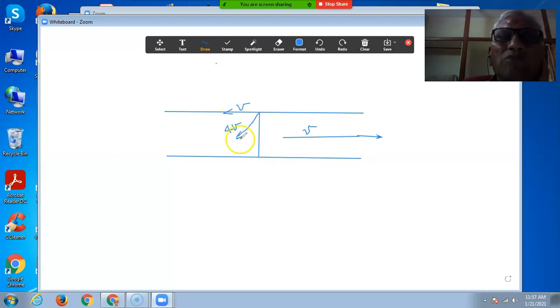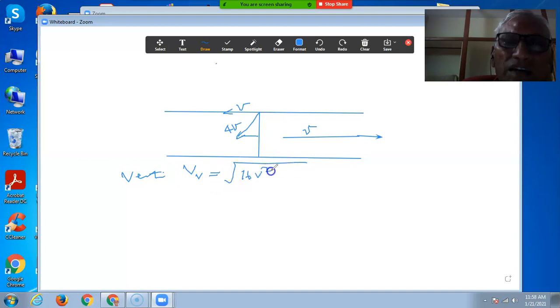The vertical component of the speed of the boat, we can obtain using the Pythagoras theorem. Let us say Vv is the square root of 16v squared minus v squared, which is root 15 v.